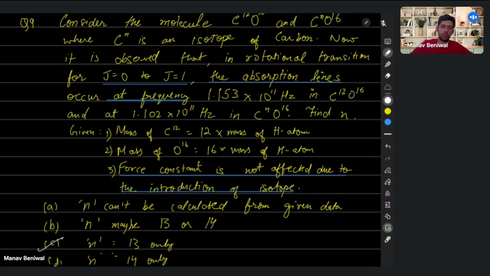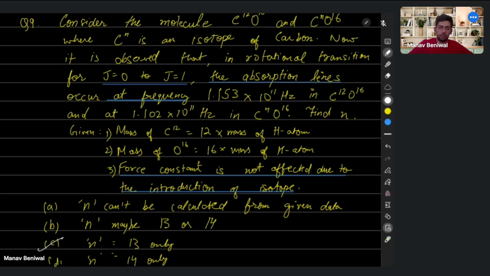One is a known one, that has carbon 12, and one is an unknown isotope of carbon, which we are denoting by Cn. So the problem is to find out what n is. Is it 13, 14, what is it?